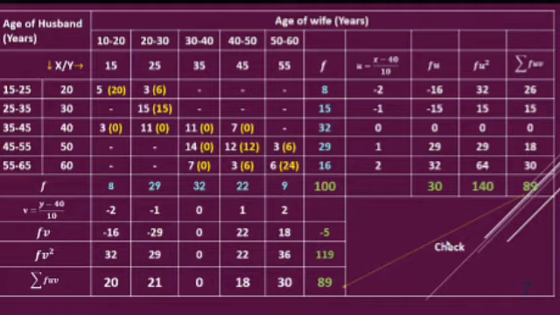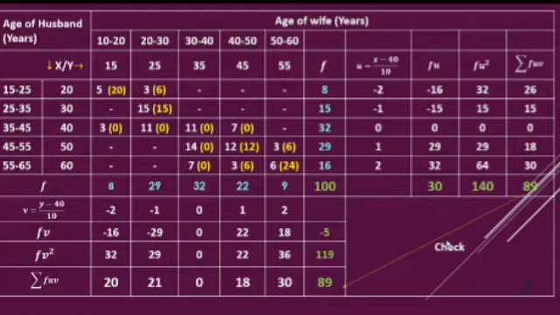Now find out V. What is V? I have taken it as Y minus 35. Remember, because your Y values are 15, 25, 35, 45, 55. So you take it as Y minus 35 divided by 10.